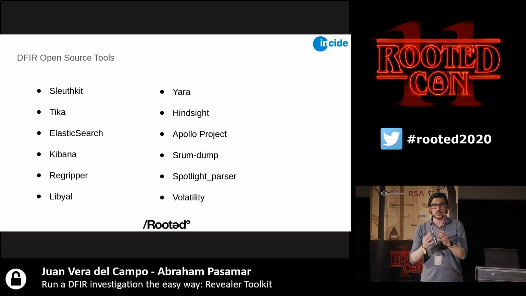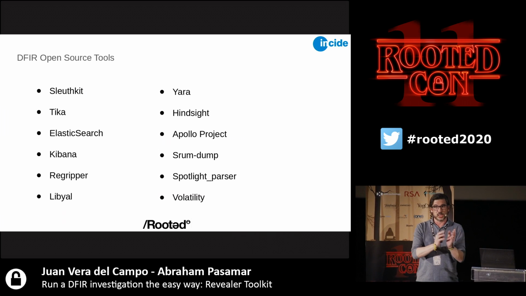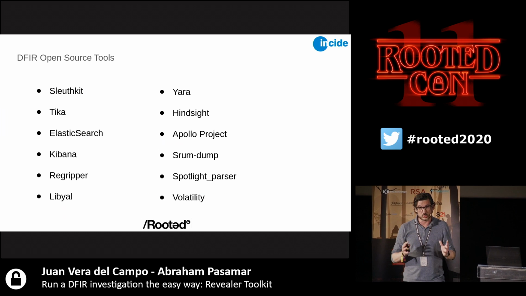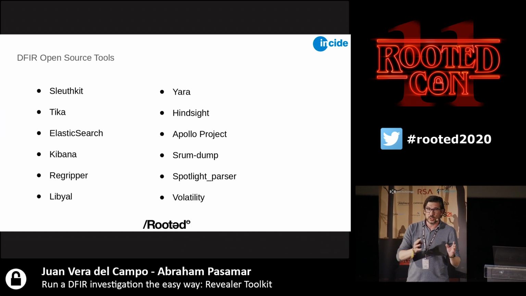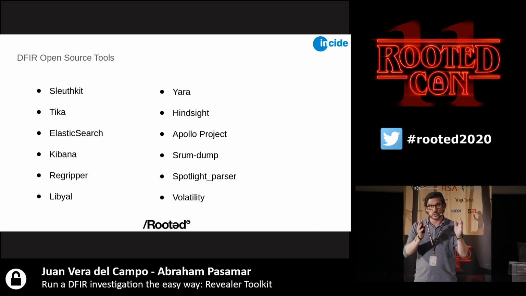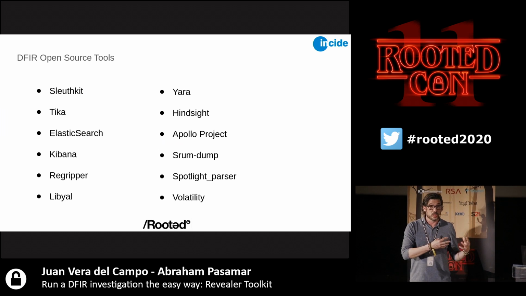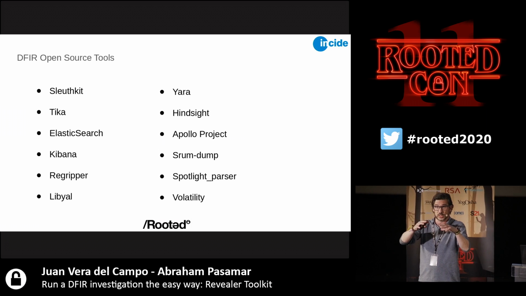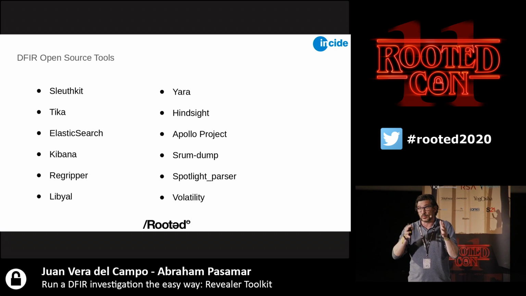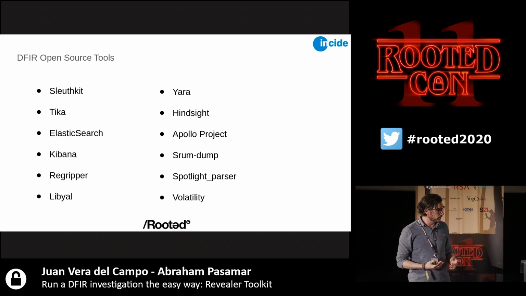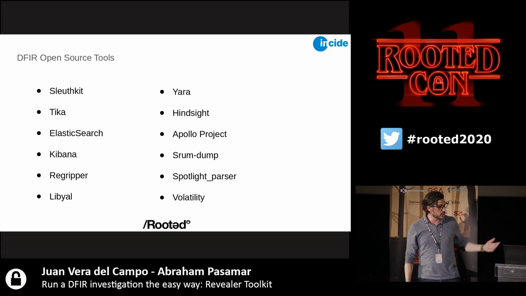So we like open source tools because at the forensic level we want to control processes and output, and this is why we like the terminal so much. We like to use command line tools because their structured output can be combined between one tool and others. Many tools like the ones that I've shown before are much more complicated because they are limited to what that tool enables you to do.